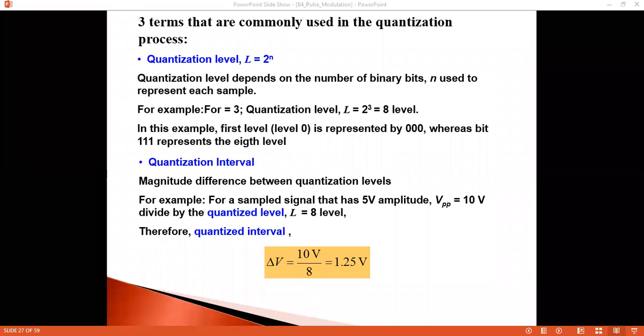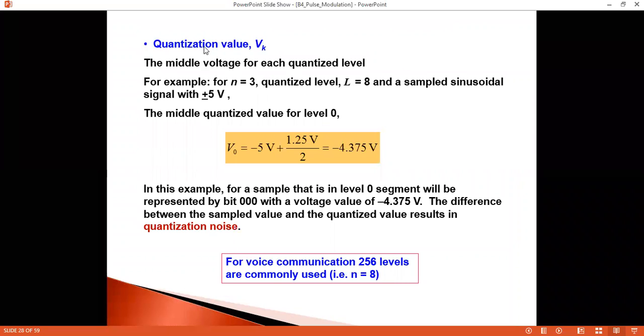Okay, and the next term is the quantization voltage, represented by Vk. So Vk is the middle voltage for each quantized level.